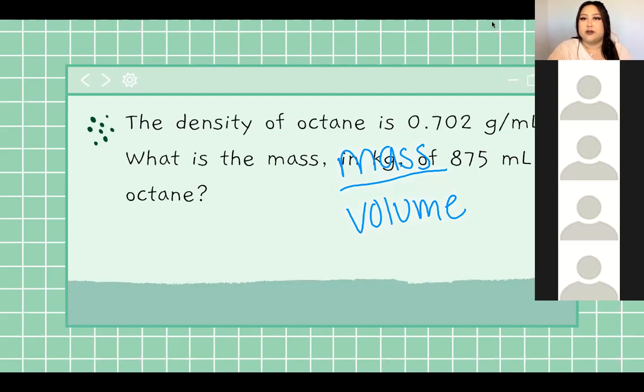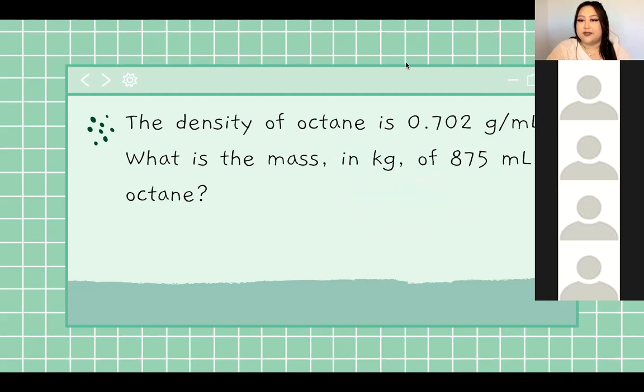Okay, so the density of octane is 0.702 grams per milliliter. What is the mass in kilograms of 875 milliliters of octane? So the first thing you do when you approach a density problem is to list out your given units, which is grams per milliliter.